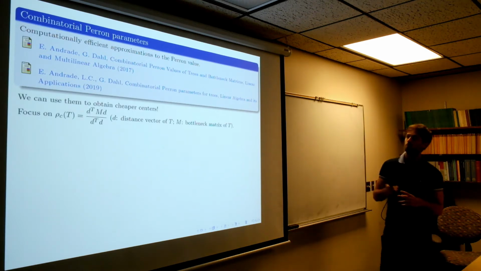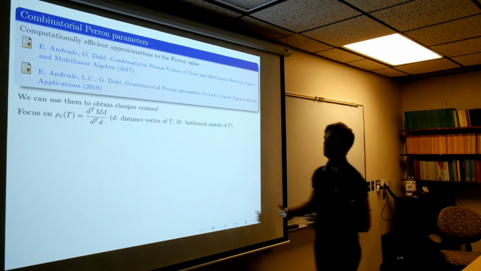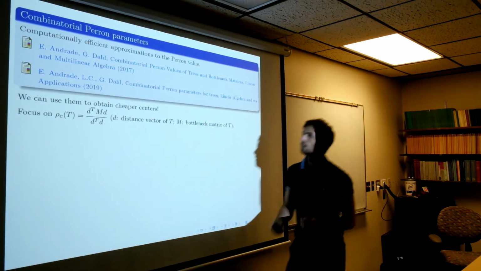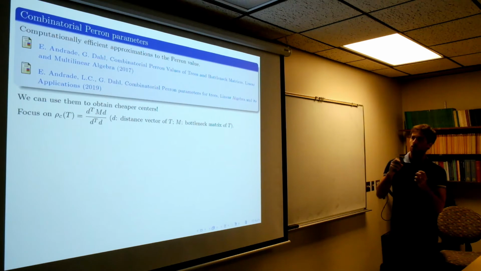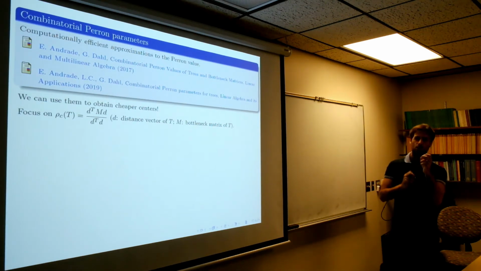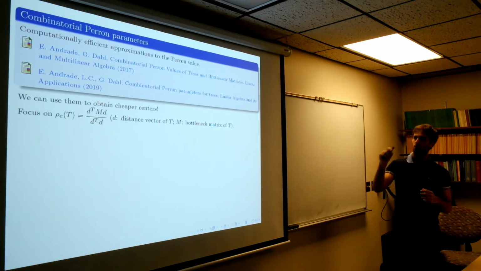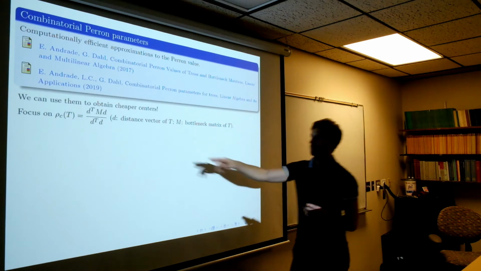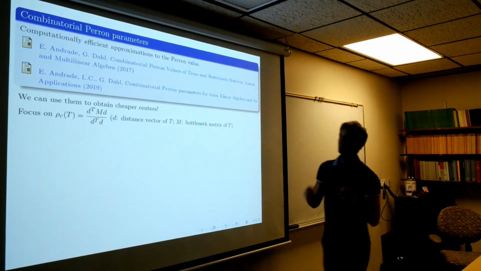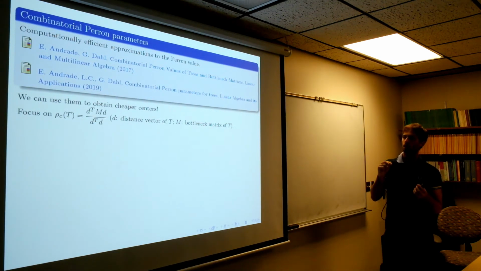And one of them, we call it rho C of t. So it's the Rayleigh quotient computed in the distance vector d of the rooted tree t with respect to the bottleneck matrix m of the rooted tree, right? So it has this formula here, and the reason for it is that if instead of d we had the Perron vector of the bottleneck matrix, then we would obtain exactly the spectral radius.